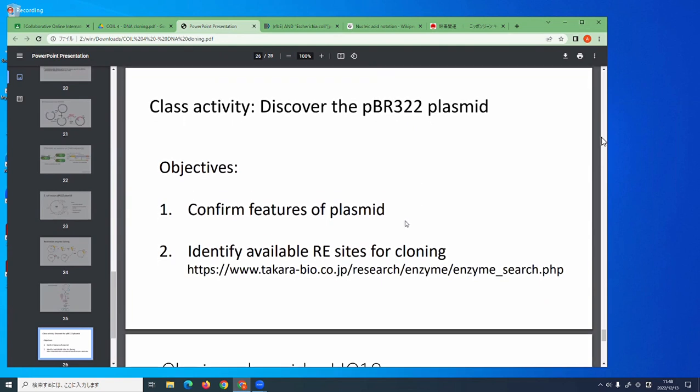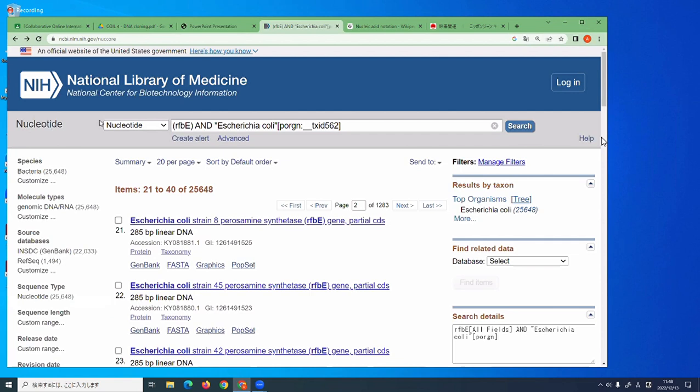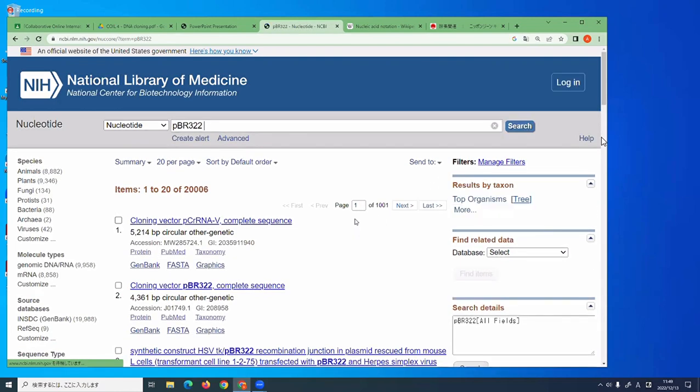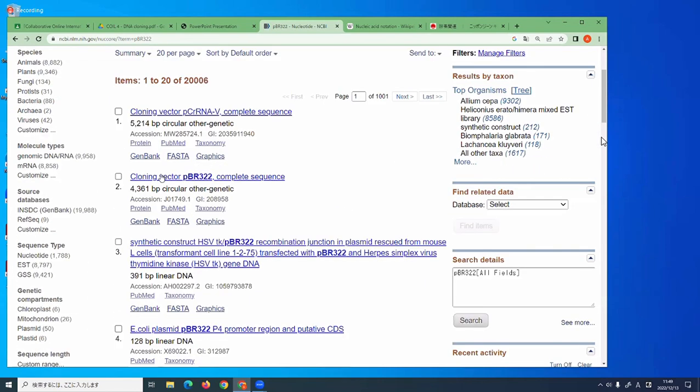So for this class, let's look at the pBR322 plasmid. Of course, we'll be checking it out in GenBank. Okay, let's copy pBR322 over here and look for the sequence. So you get pBR322 cloning vector, complete sequence.